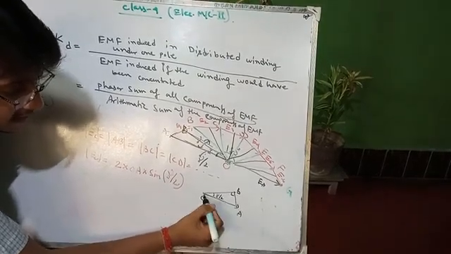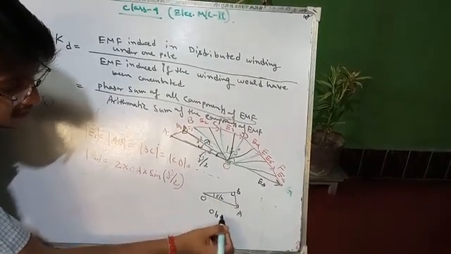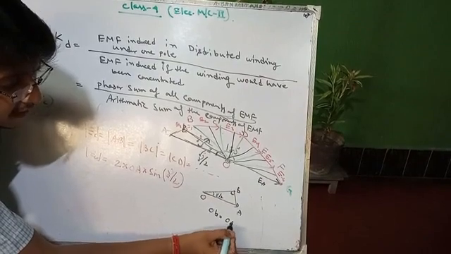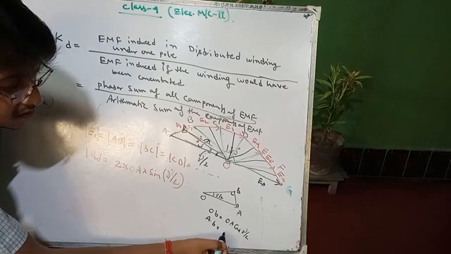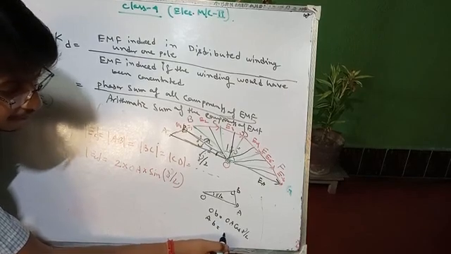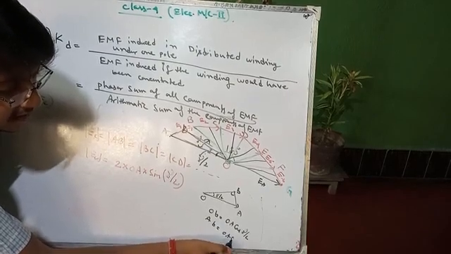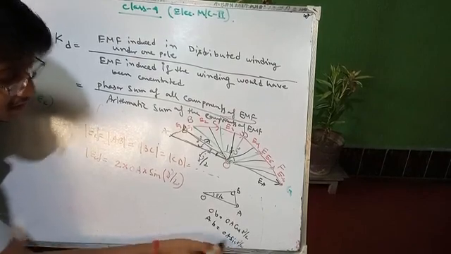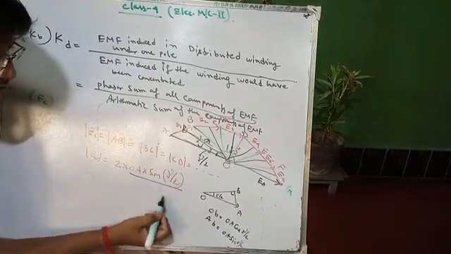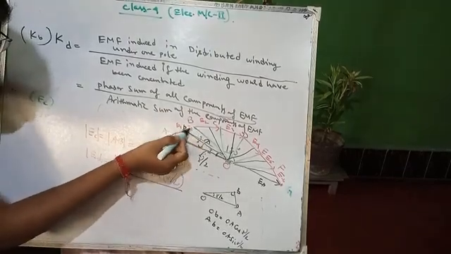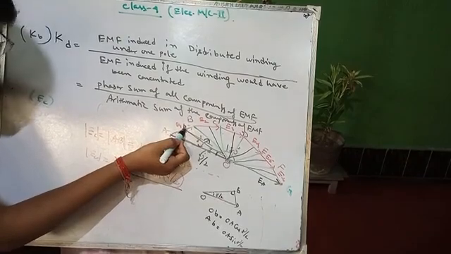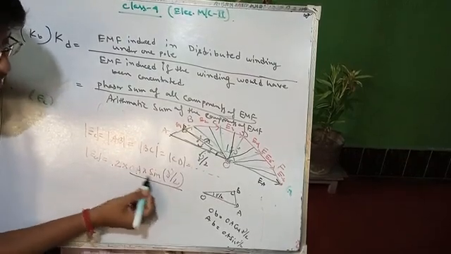So OB equals OA cos gamma by 2, and A small b equals OA sin gamma by 2. Similarly this one again equals OA sin gamma by 2. So by adding these two, we get 2 into OA sin gamma by 2.